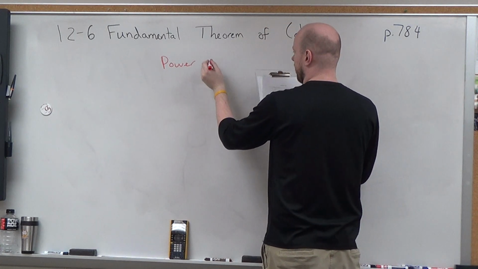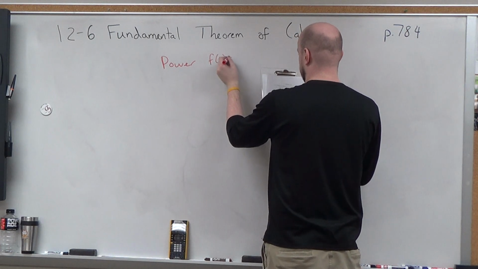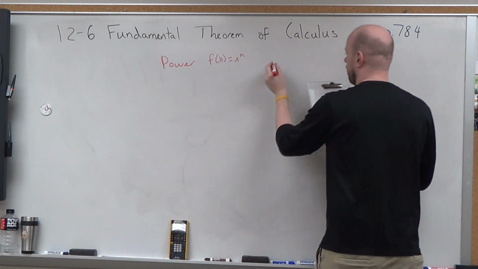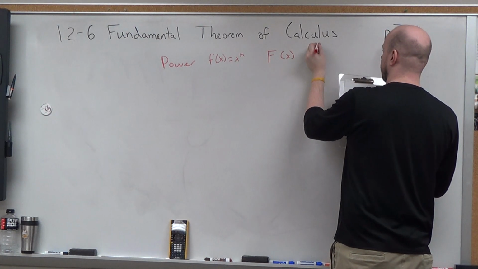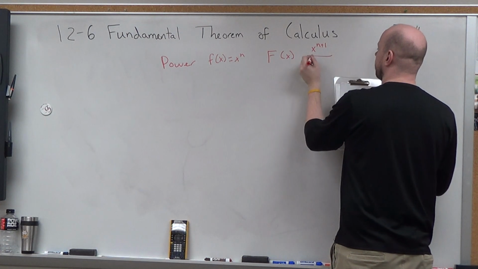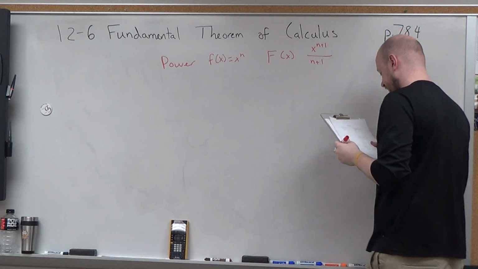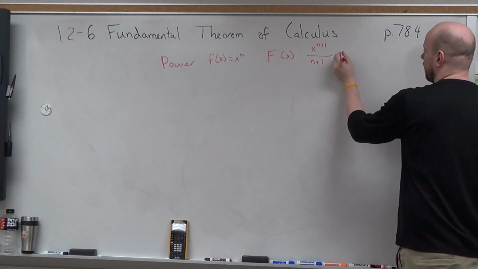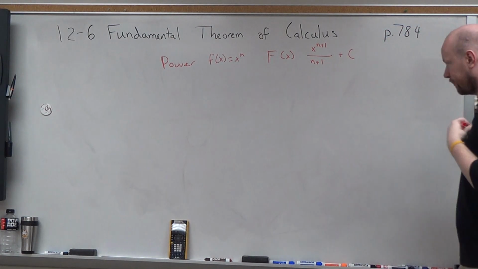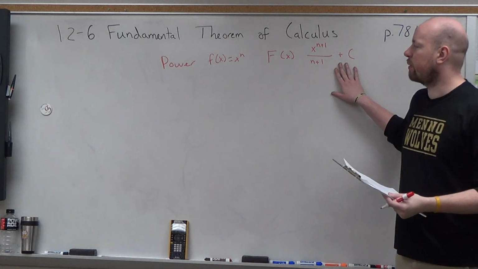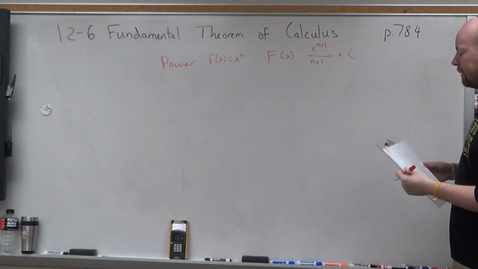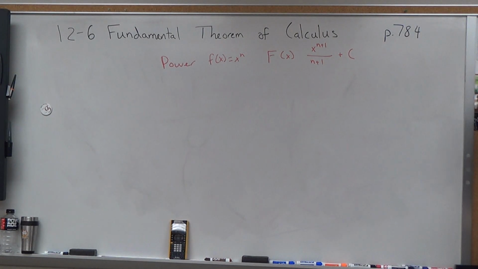Power says that if f of x is x to the n, antiderivative is going to be x to the power of n plus 1 divided by n plus 1. And then we get a plus c after. Now this plus c is going to come up a whole bunch, so just hold on with me, and we're going to do the rules first, and then I'll talk about the plus c, because it's in every rule.